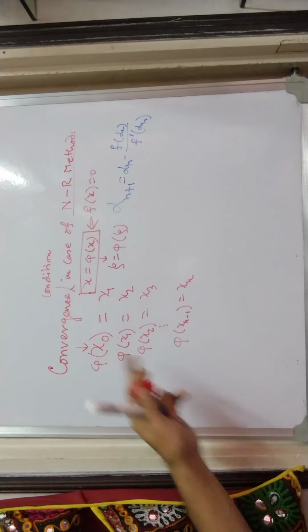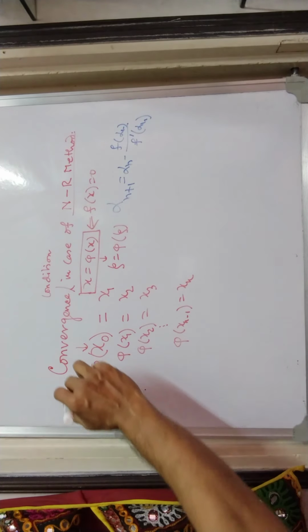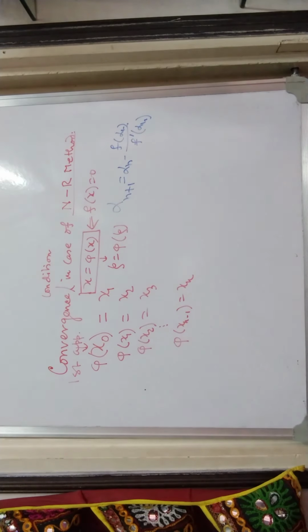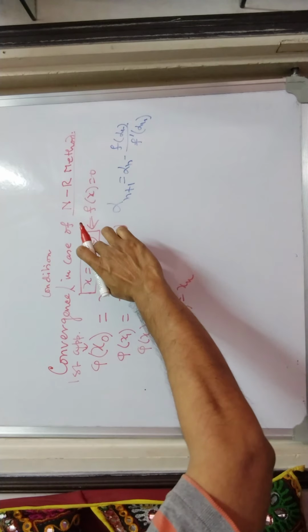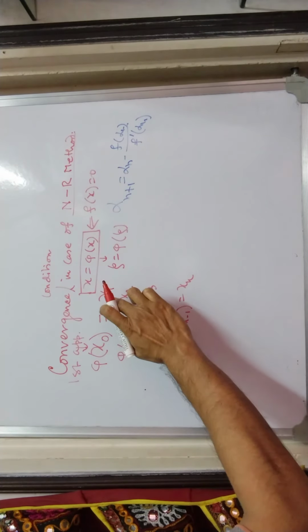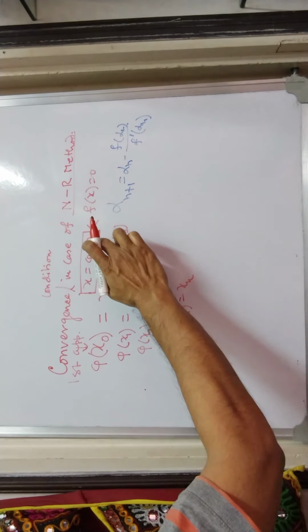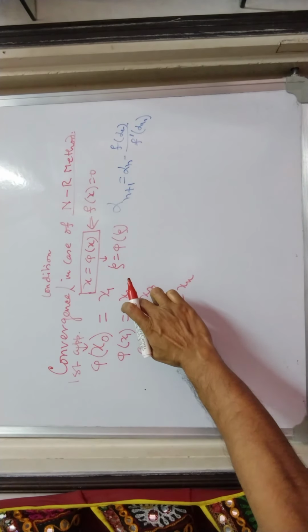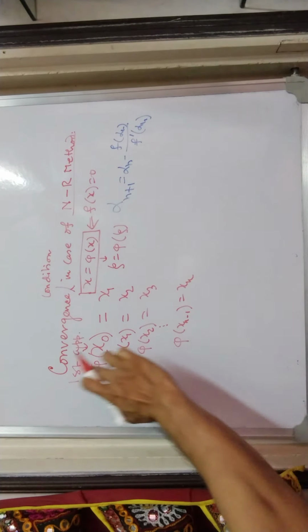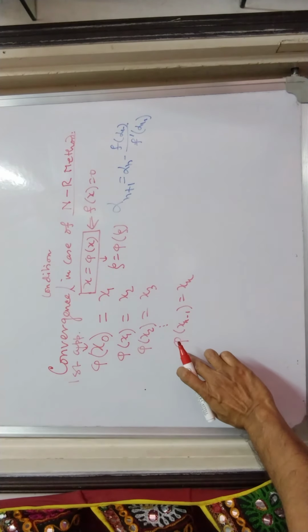x0 is the initial approximation or the first approximation of the root. So x0 is not the root, and whenever we put x0 in place of x, we have x1, and then we place x1 in place of x, we get x2. And at this point, we assume that the iterative method converges.